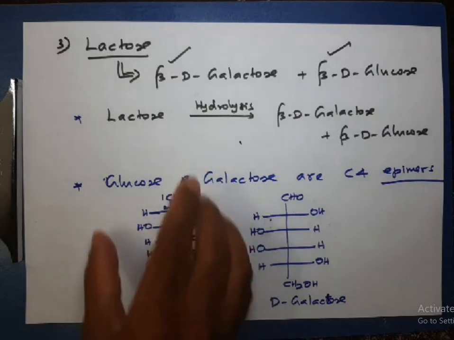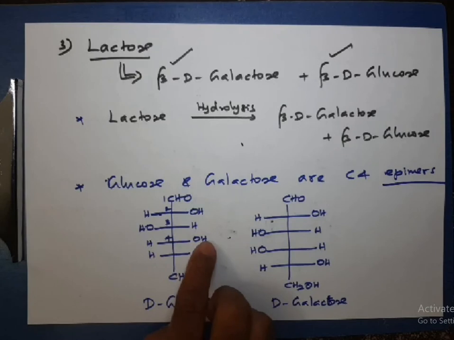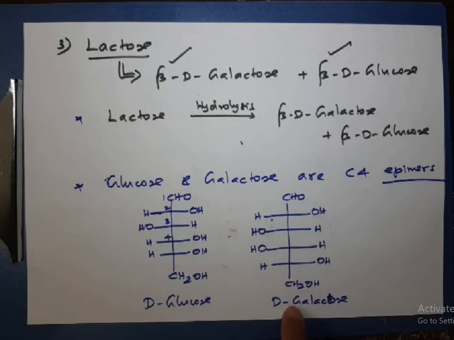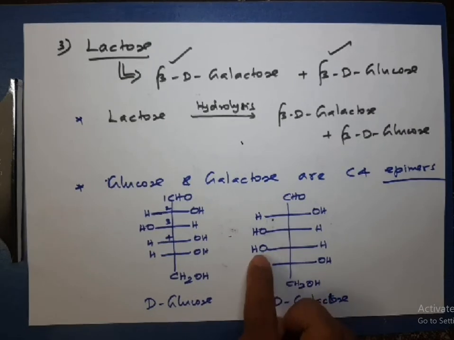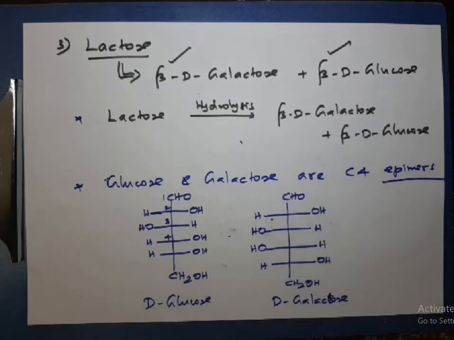In Fischer projection, the fourth carbon of glucose contains the OH group on the right-hand side, whereas the fourth carbon of galactose contains the OH group on the left-hand side. All other things are the same. That's why they are called epimers. So remember, glucose and galactose are C4 epimers.